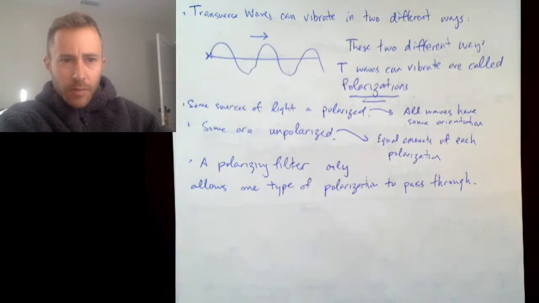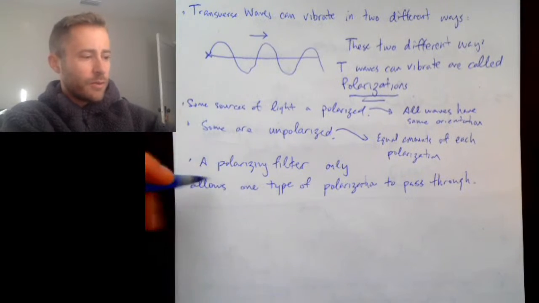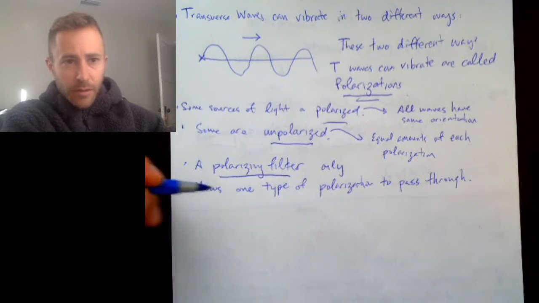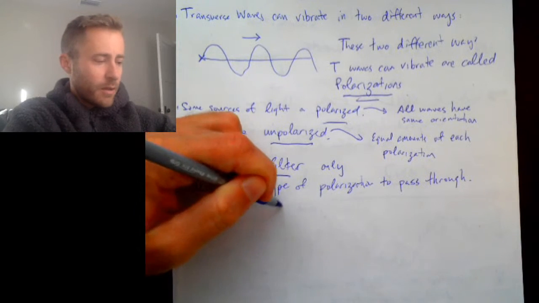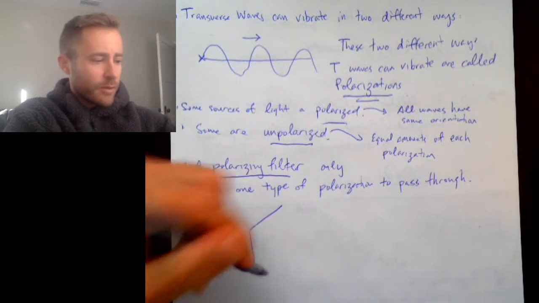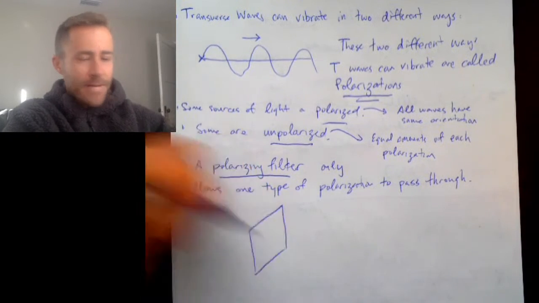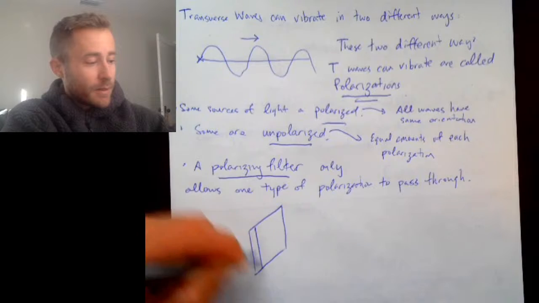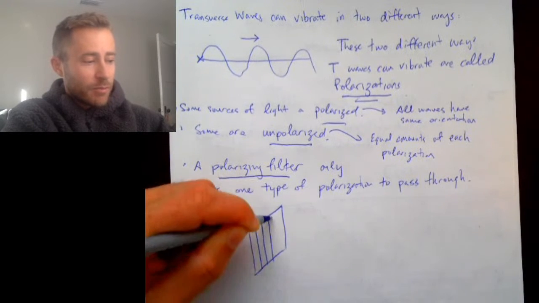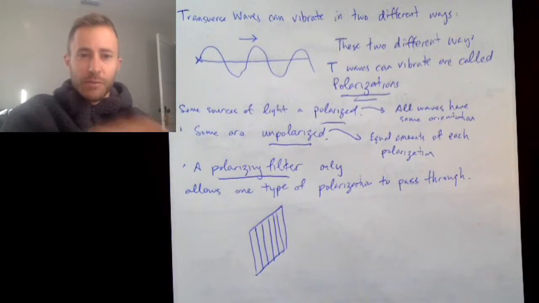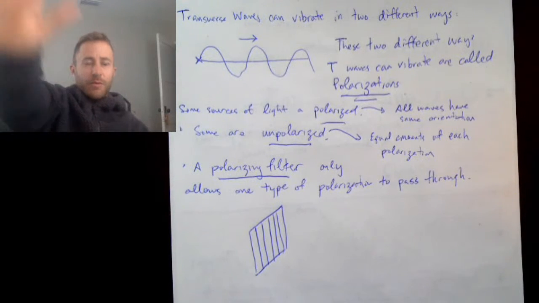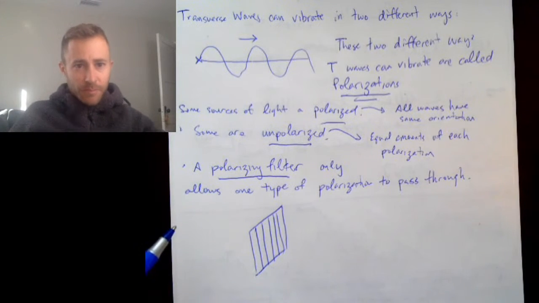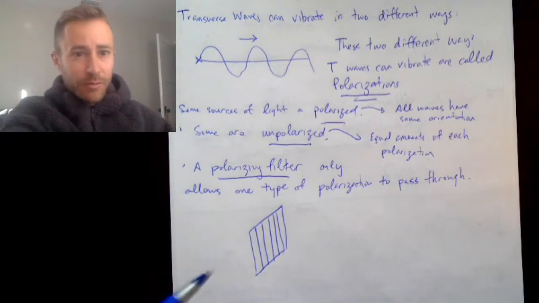Okay, so I like to think about a polarizing filter sort of like a window. Okay, so here's your polarizing filter, and it's kind of like the bars on a prison window. If this prison window has vertical bars, you could stick your hand out the window and move your hand up and down, but you couldn't move it side to side because it would bump into the bars. Okay, so that's basically what a polarizing filter is.